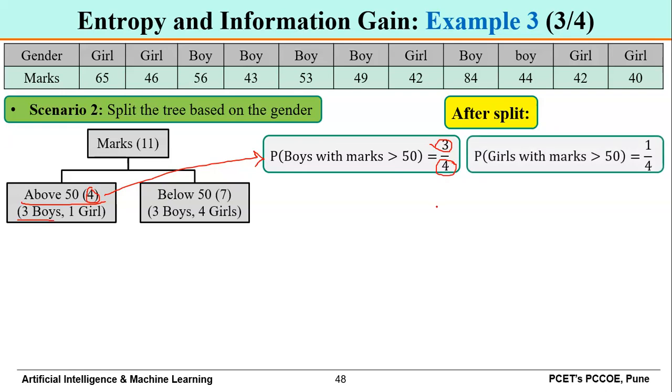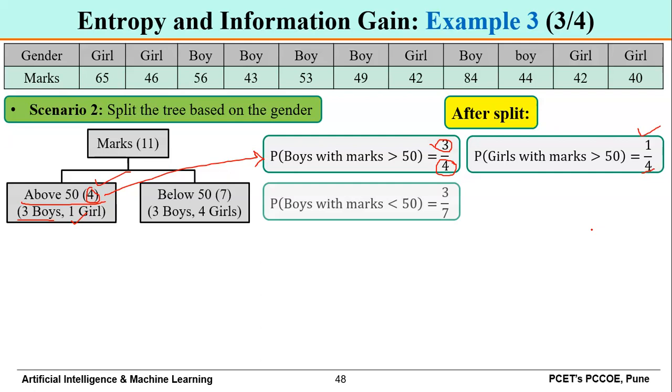Similarly, the probability of girls with greater than 50 marks: the number of girls is 1, divided by the total number 4. So this is the probability for boys with marks greater than 50 and girls with marks greater than 50.